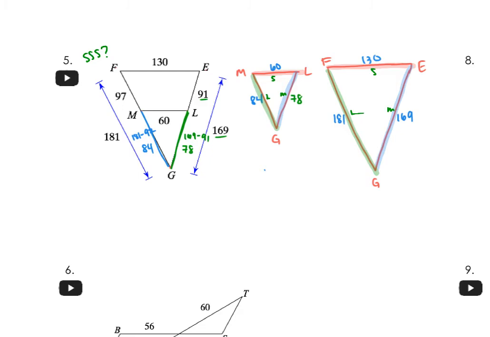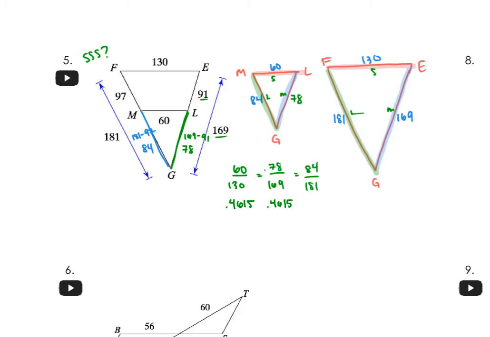Okay, so matching them up, I'm going to check 60 over 130 and see if that equals 78 over 169, and then 84 over 181. So putting these in our calculator, we need to get the same exact thing. 60 divided by 130 is 0.4615. 78 divided by 169 is 0.4615.